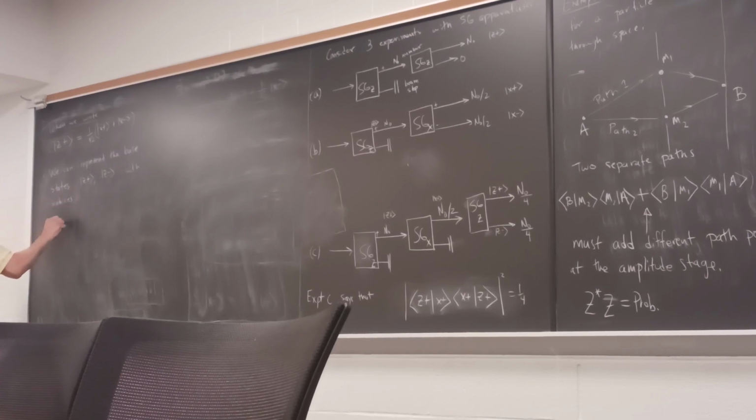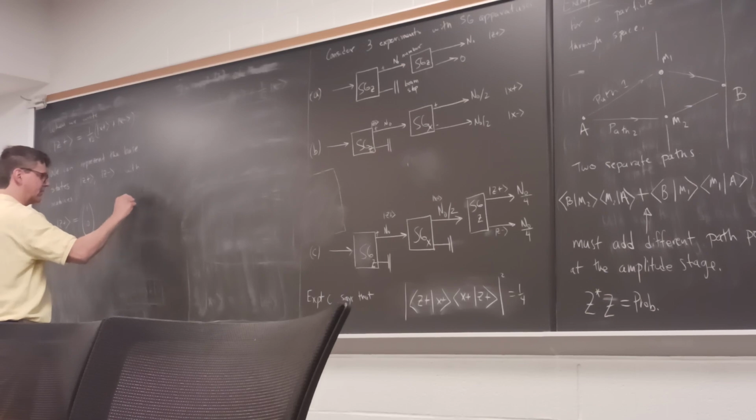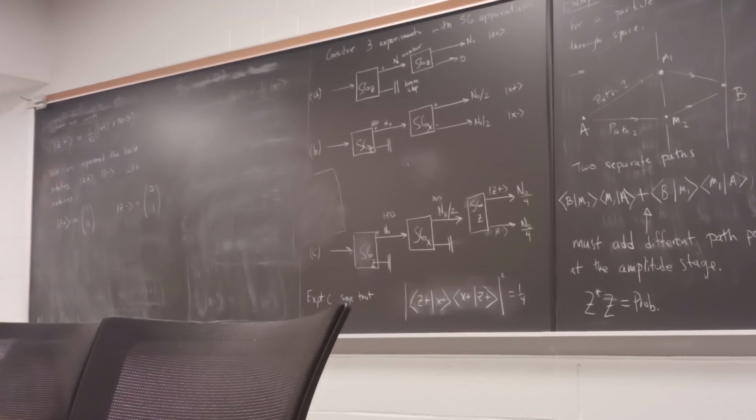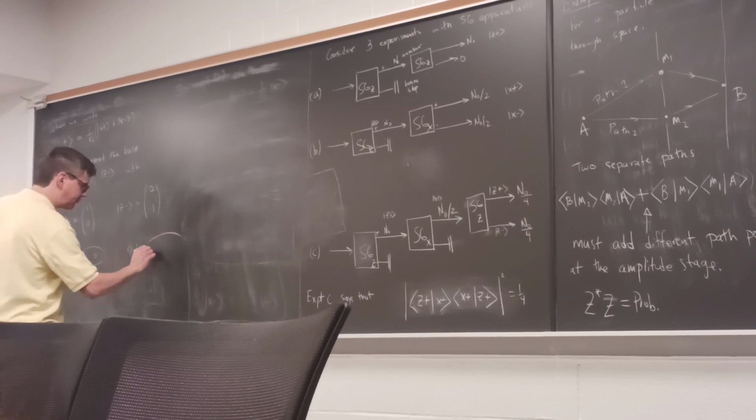So we can say that Z plus is, I'll say that the kets anyways are 1, 0, and 0, 1. Okay. And then the corresponding bras here would be 1, 0 and 0, 1.